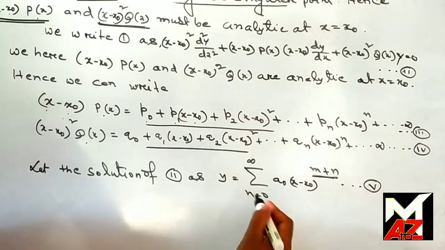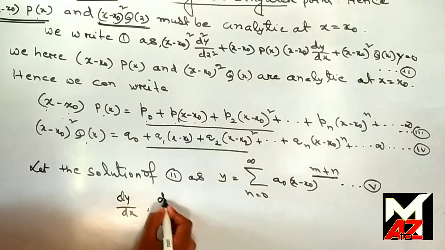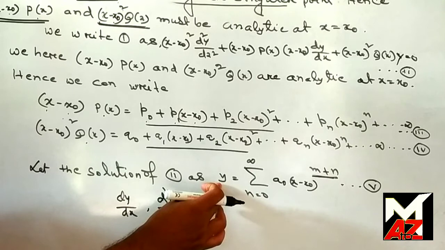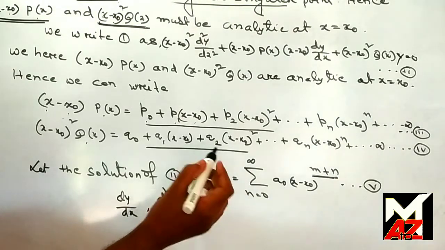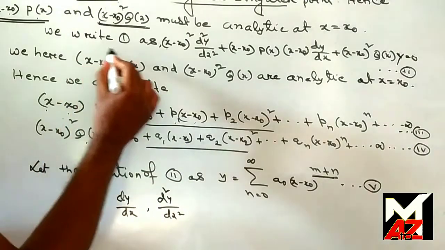We find from 5 the first derivative dy by dx and the second derivative d2y by dx2, and we put y, dy by dx and d2y by dx2 in equation 2.